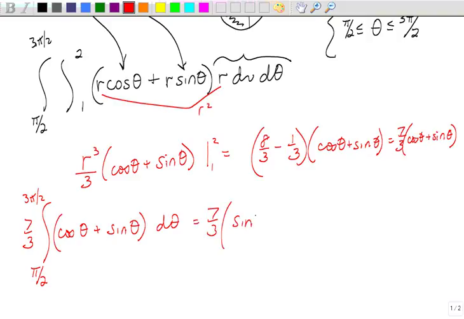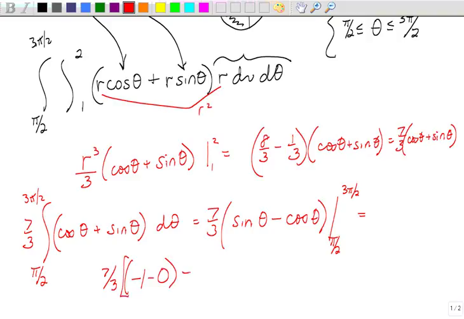So that's sine theta minus cosine theta. Okay, so that gives me a minus 2. That gives me negative 14/3 for my final answer.